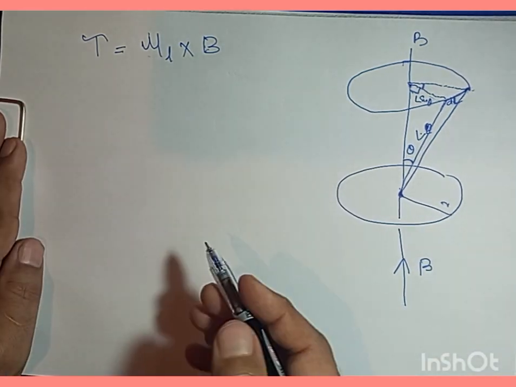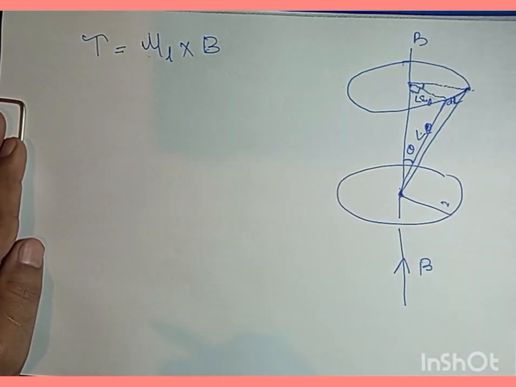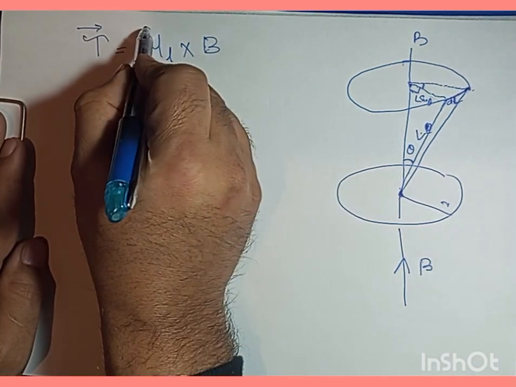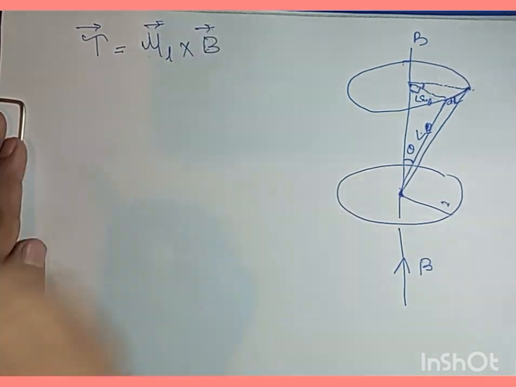And this torque is a vector quantity, and this torque is basically the rotational replica of force. The role that's played by force in translatory motion, the same kind of role is played by torque in rotational motion. Now this torque is a vector quantity, so I'll put a vector here. So mu L is a vector and B is a vector.